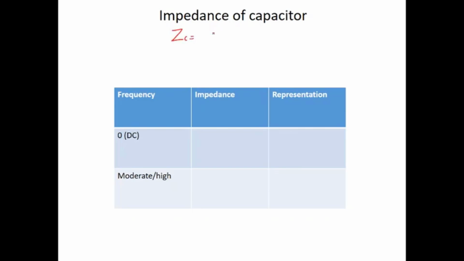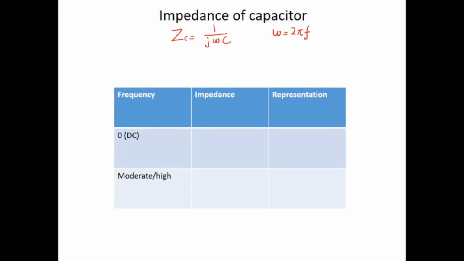ZC is equal to 1 over j omega C, where C is the capacitor value and omega is 2 pi times frequency. So you can see the impedance of the capacitor depends on the frequency of the signal.